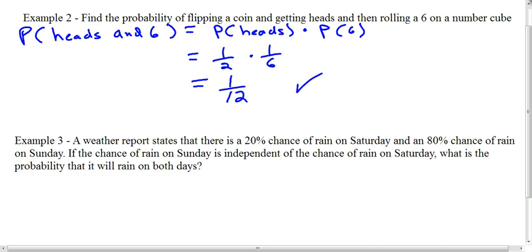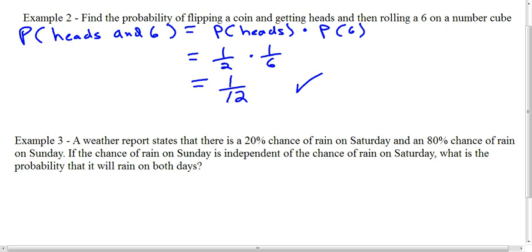Now, let's take a look at the second. And no, I wanted to use purple. There we go. So it says a weather report states that there's a 20% chance of rain on Saturday and an 80% chance of rain on Sunday. If the chance of rain on Saturday has nothing at all to do with the chance of rain on Sunday, then what's the probability that it will rain on both days?